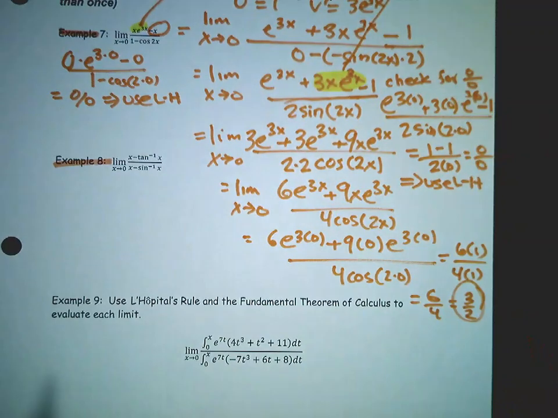All right, so that is the end of this example, and actually the end of this section, because I am not going to talk about the other part.